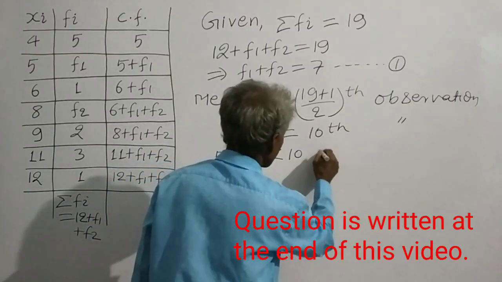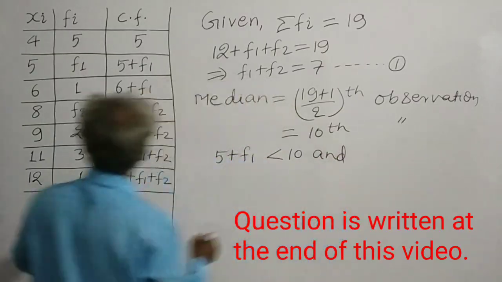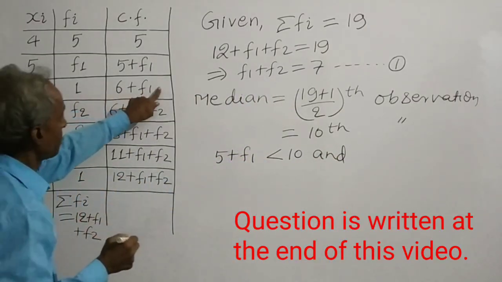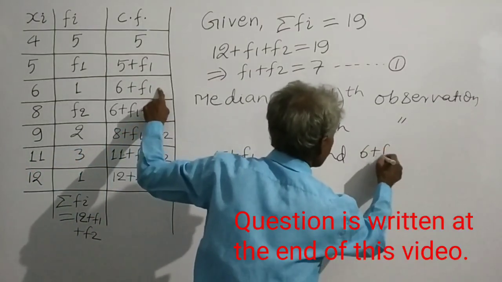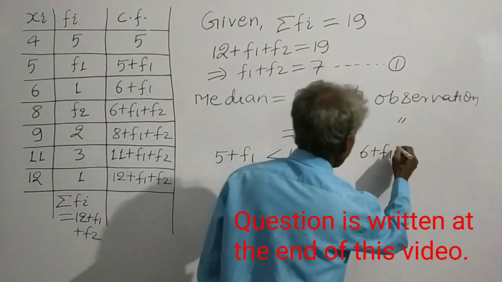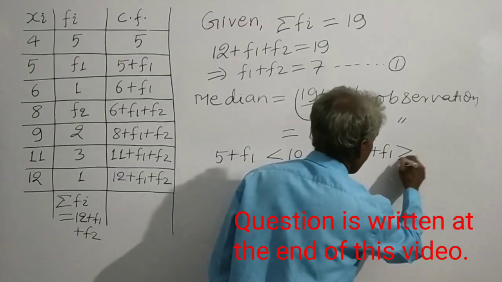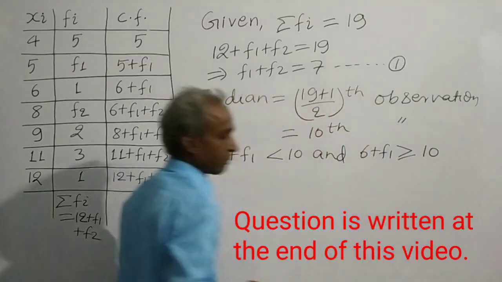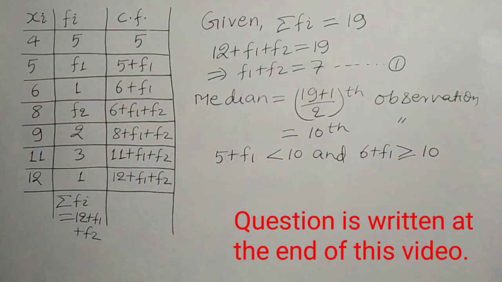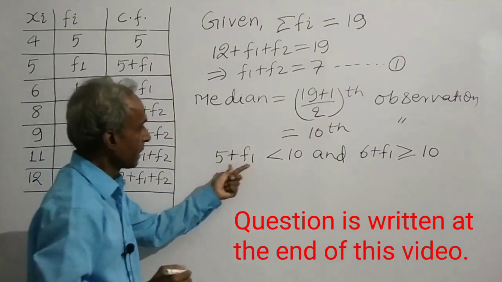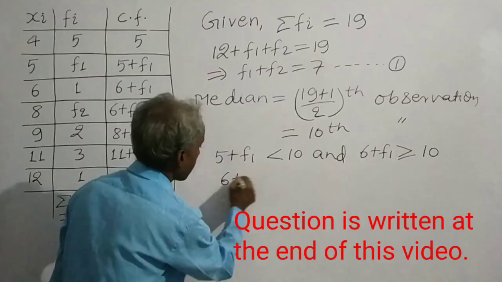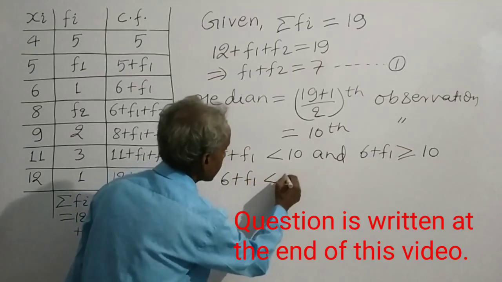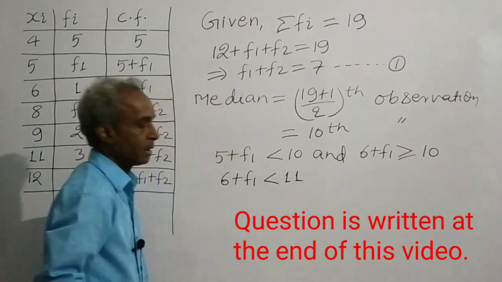But 6 plus F1 is either greater than or equal to 10. Adding 1 to both sides of the first inequality, we get 6 plus F1 less than 11.